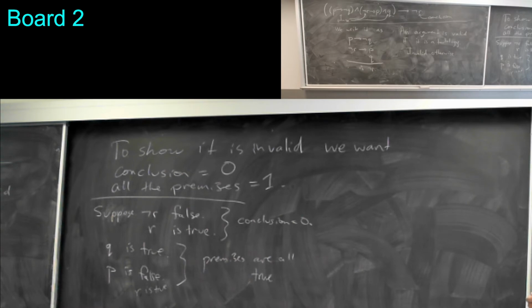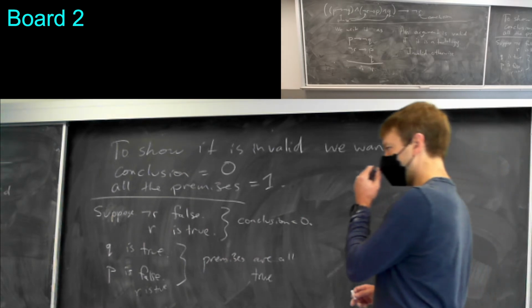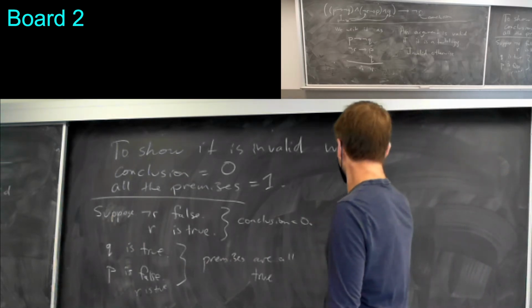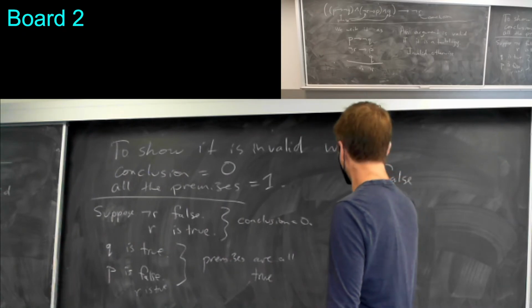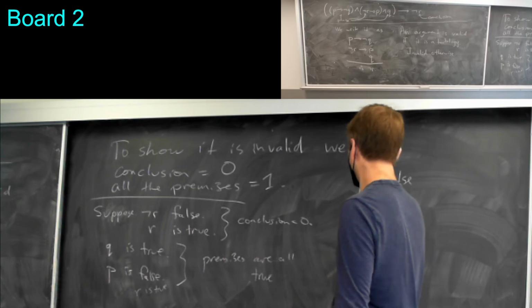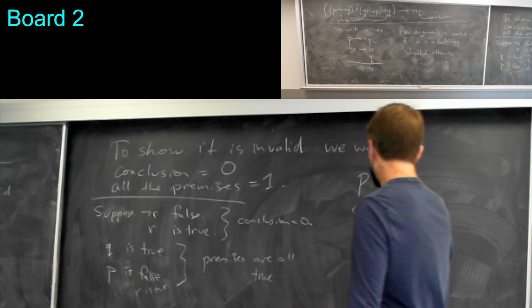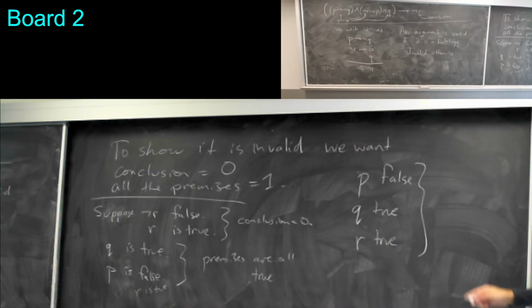So the argument is invalid. Okay. So P false, Q true, R true. So just a bit of terminology.